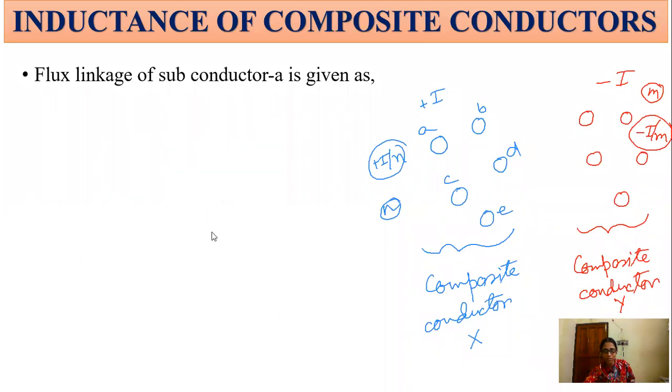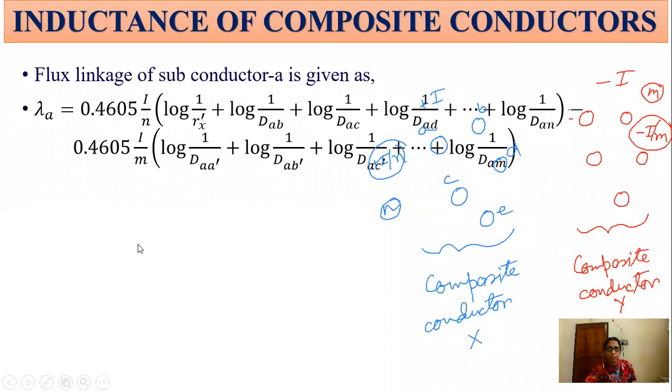So the flux linkage of subconductor A can be written as follows. Already we have derived the generalized expression in the last session: lambda i equals 0.4605 I_i into L_ii plus the summation of the mutual components.